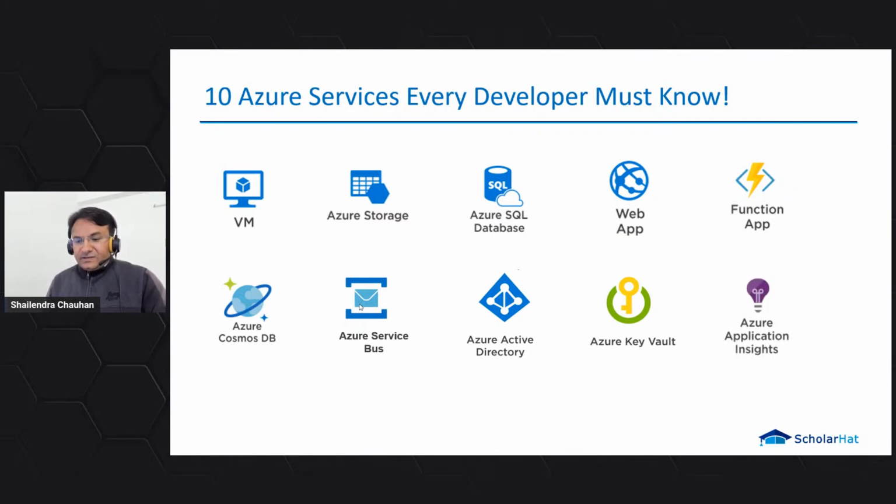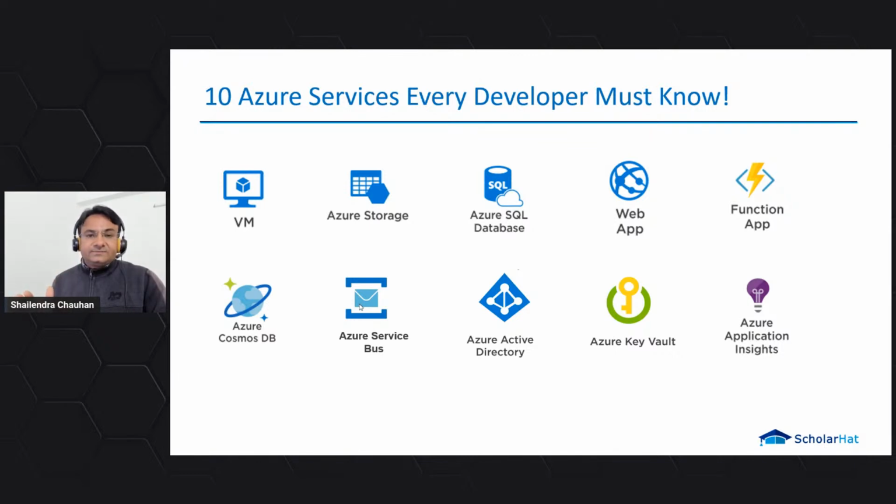The next one we have is Azure Application Insights. When it comes to monitoring the application at the code level, Application Insights will definitely help you, because it lets us know how much time our page takes to render in the browser, how many requests we are making to the server, and how much time each request is taking.